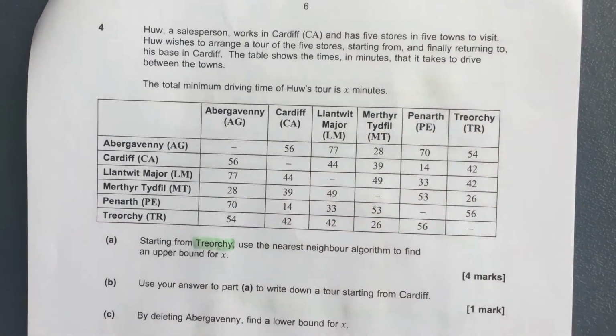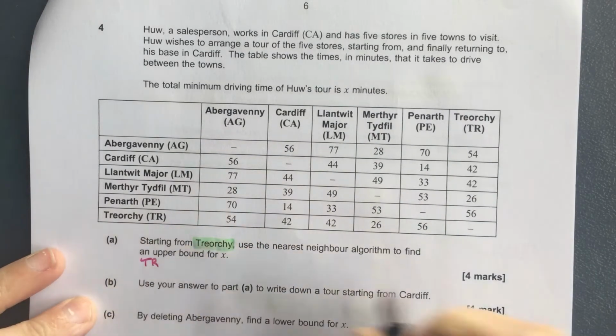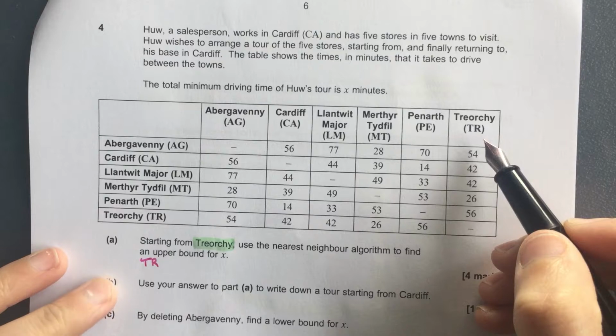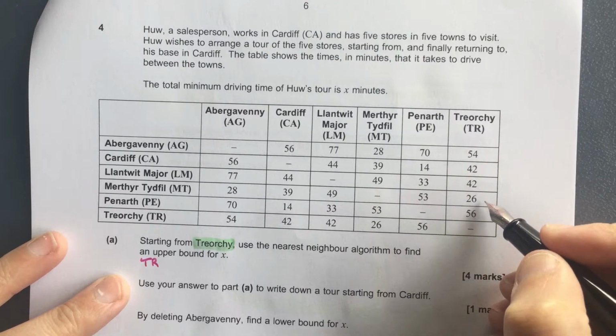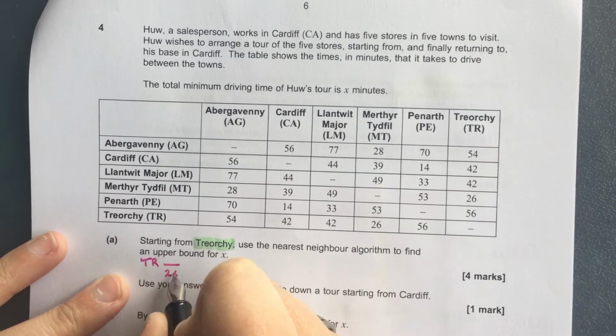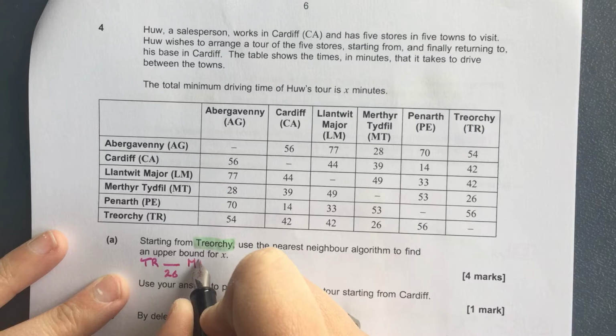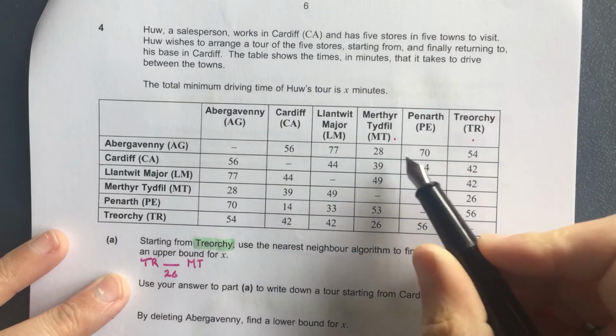So for TR, the closest thing to TR is 26, going to MT. So we've been there, we've been there.